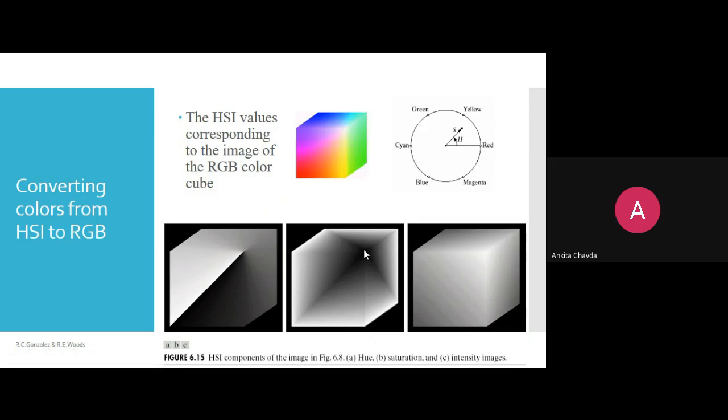Once it goes from the origin to somewhere else, it changes. This is just the description of why you are getting this image: U, saturation and intensity. The first image is for U. HSI components of the image: image A is U, the second is saturation and the third one is intensity values. Right.